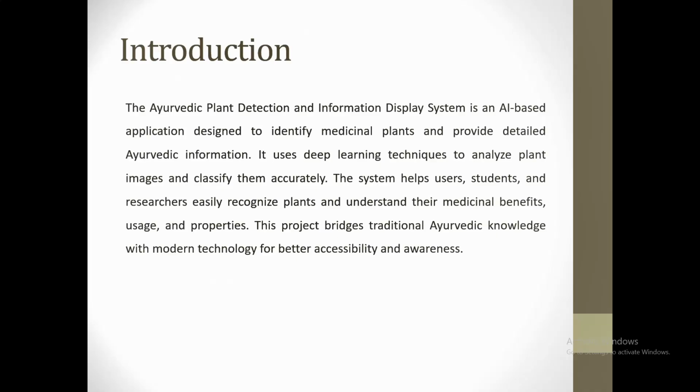So we have selected the health sector, especially where Ayurvedic medicine is very useful. Nowadays, everywhere Ayurvedic practice is being used to cure various diseases. As we know, it is a traditional approach followed in India. It mainly depends on herbs, which act as medicine.